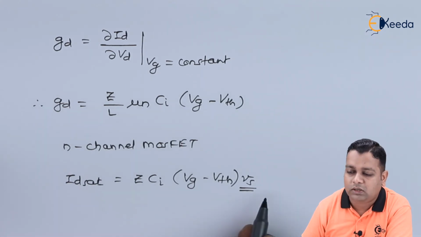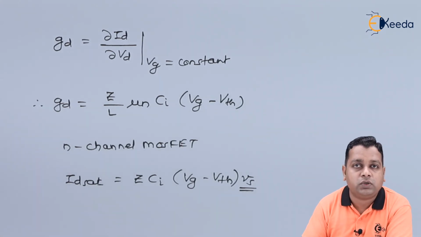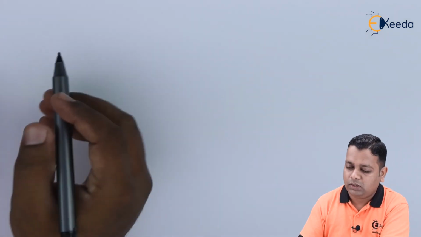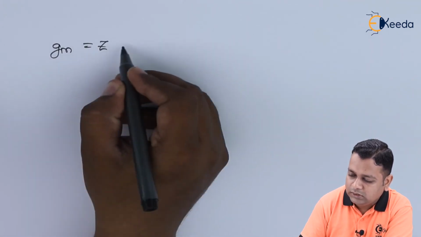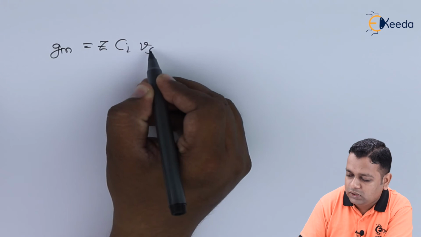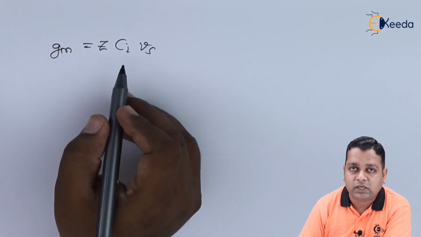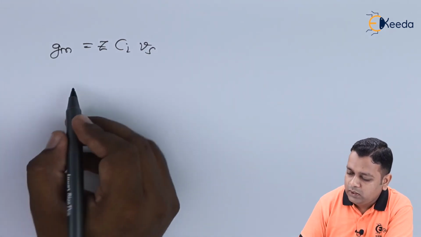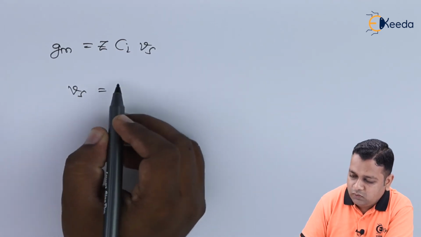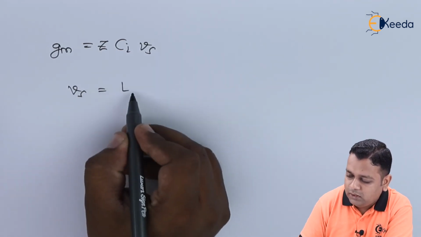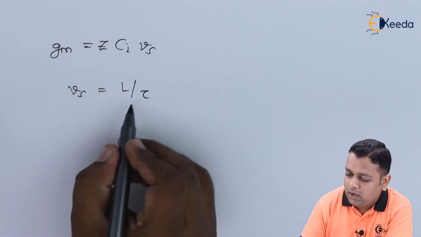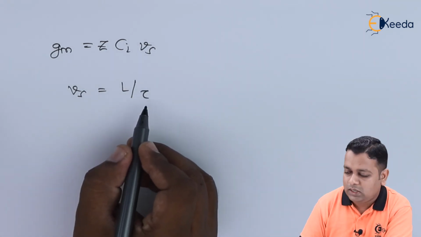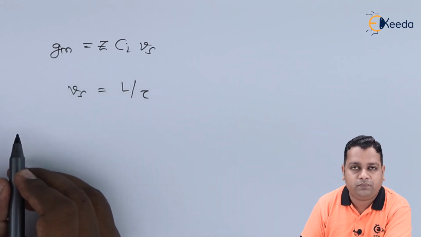This is nothing but the drift velocity at the saturation level, we can say. So in this practical situation, the transconductance Gm is simply Z into C suffix I into this drift velocity at saturation level Vs. V suffix S is equal to capital L, the length shown in the schematic diagram, divided by the lifetime of the charge carrier represented by tau.